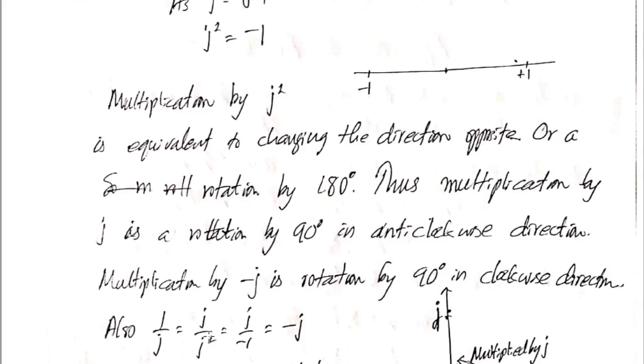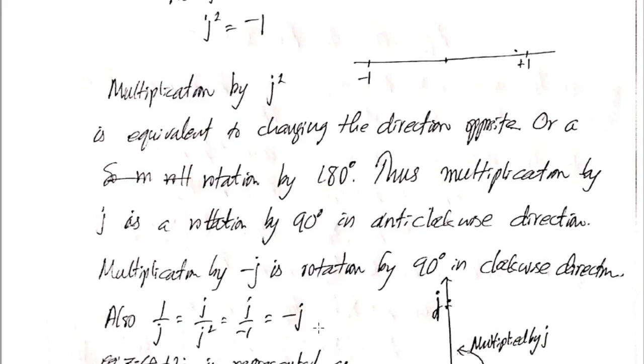Another important property is 1 by j is equal to j by j square, because multiplying both sides by j, that is equal to j by minus 1, because j square is equal to minus 1, so it will be equal to minus j. 1 by j is equal to minus j.